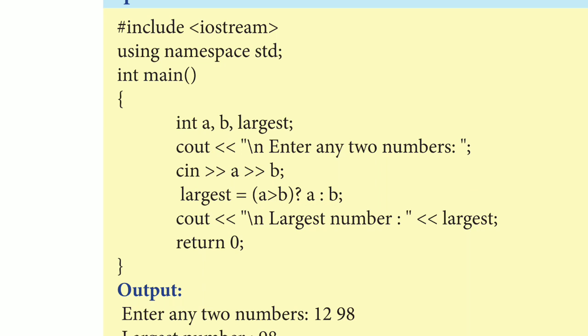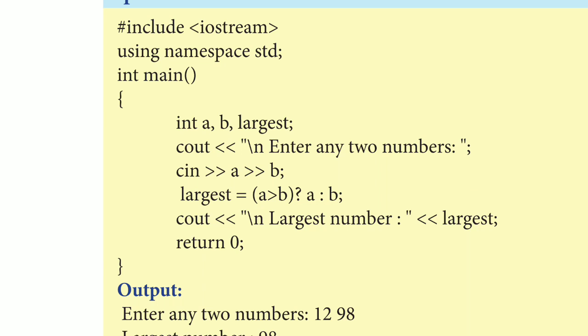If a is greater than b, then the condition is true here. So the expression which is next to the question mark will be executed. So a is given here. The largest variable has nothing yet, so now it will contain only the value of a.